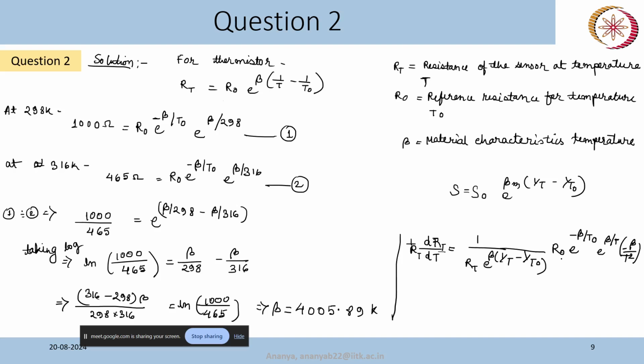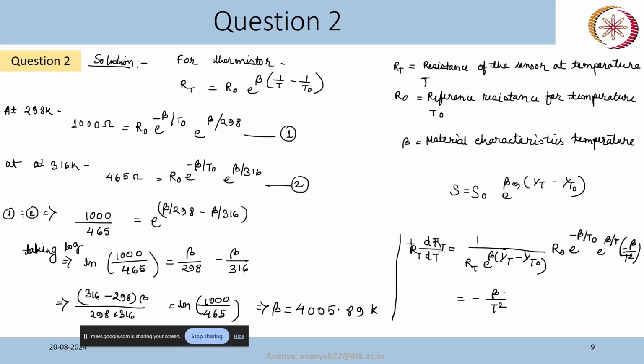Okay, we are differentiating it with respect to T. I think this is clear to everyone. Okay, now these part will be cancelled. Finally we will get the expression as beta by T square.